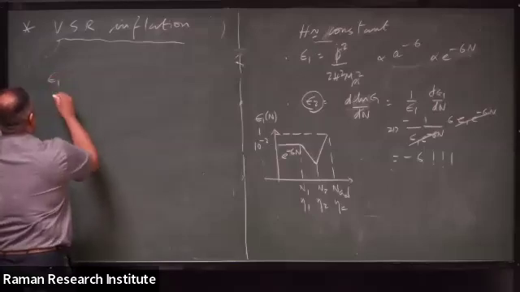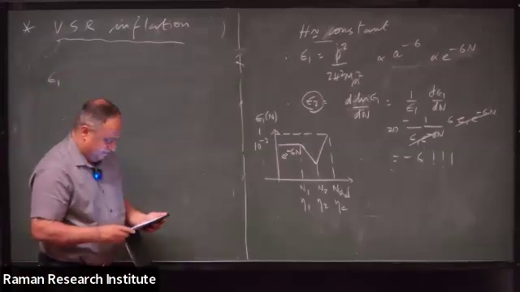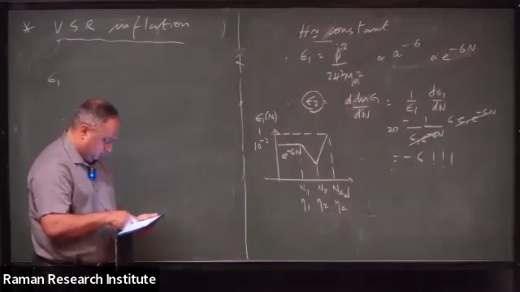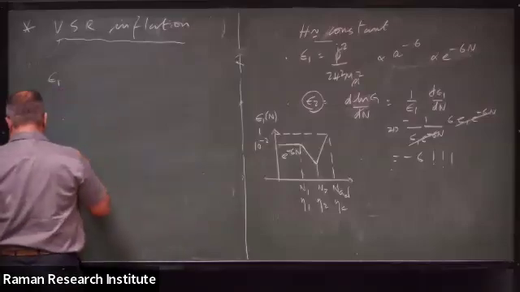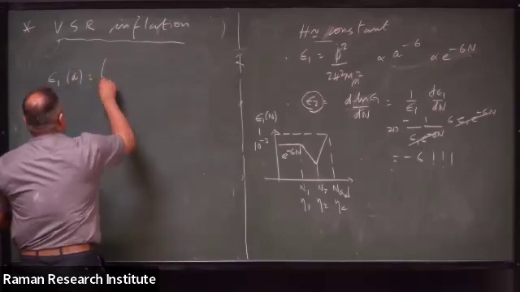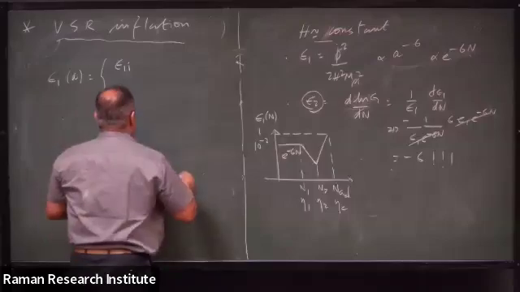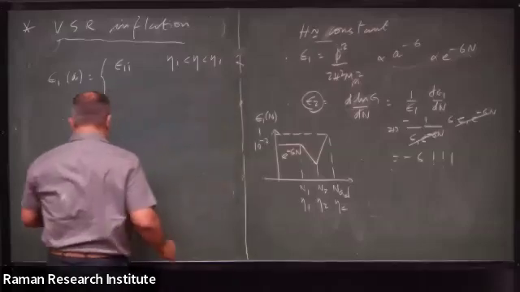So what do I have? I have epsilon1. Let me see how I have written in my notes. Just bear with me. Okay, so epsilon1, I'm going to write this as a function of A. It is epsilon1I over some regime eta I less than eta 1.